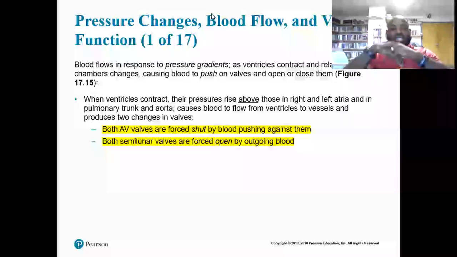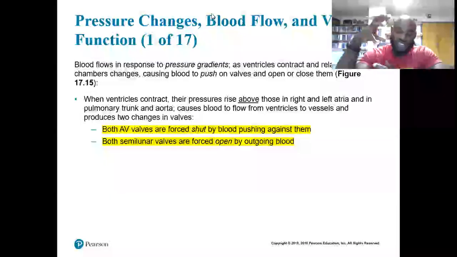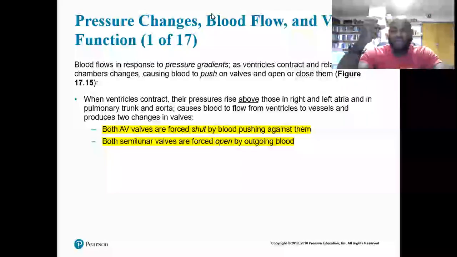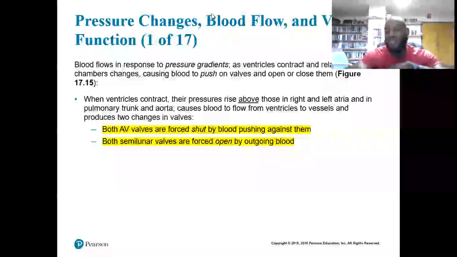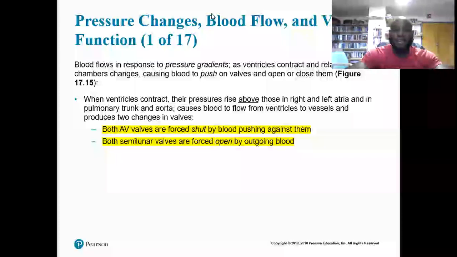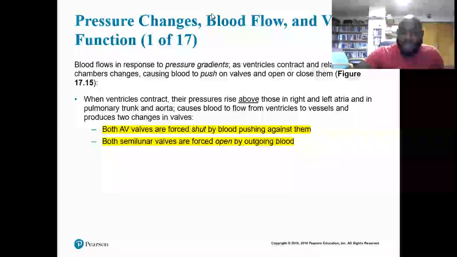But then also the semilunar valves are forced open by outgoing blood. So due to the changes in pressure, when the left ventricle contracts, it closes the AV valve, but then eventually forces open the aortic valve to the aorta and the rest of the systemic circuit. So all of that is created by the pressure.